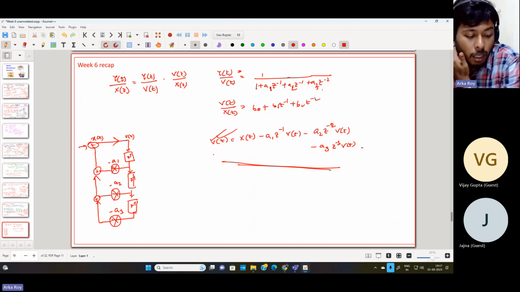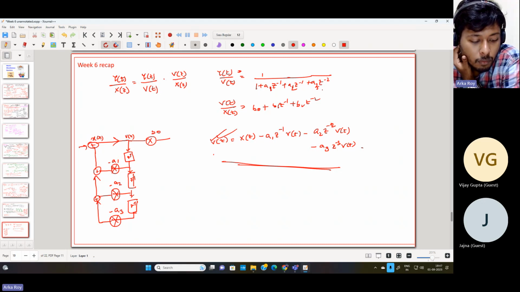For the numerator part, what we can do is that we can just multiply the b0 coefficient over here. Then we can take from this particular location b1. From this particular location, I can use a multiplier of b2, and then we can use adders to get your y.